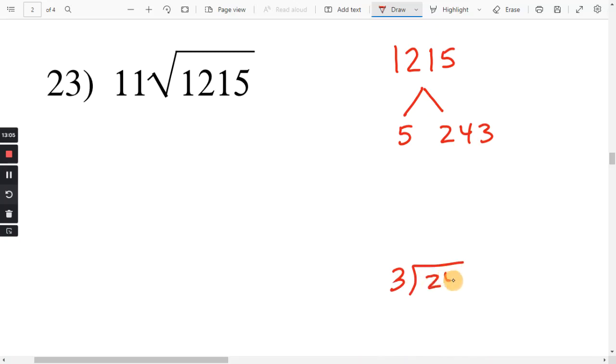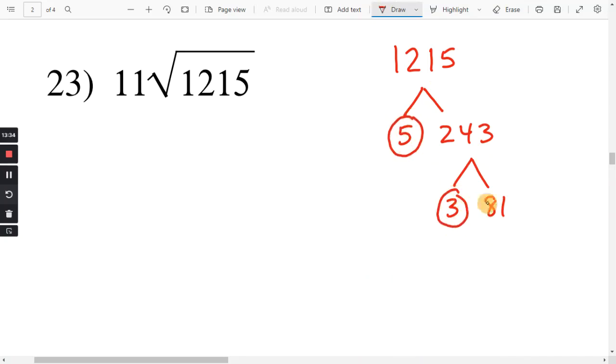And 8 times 3 is 24. 1 times 3 is 3. So this 243 is the same as 3 times 81. All right. And 81 is the same as 9 times 9. But remember, if I know the square root of 81 is 9, I might as well just leave it. Okay, so 5 times 3 times 81. Okay, we already have 11 outside of the square root.